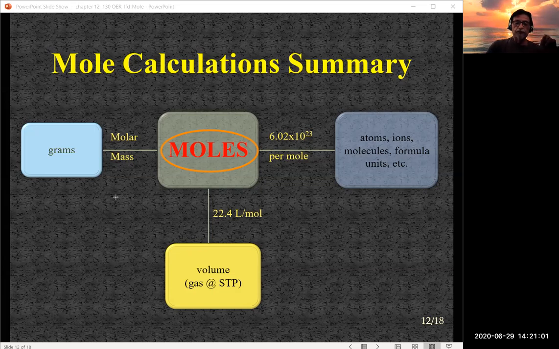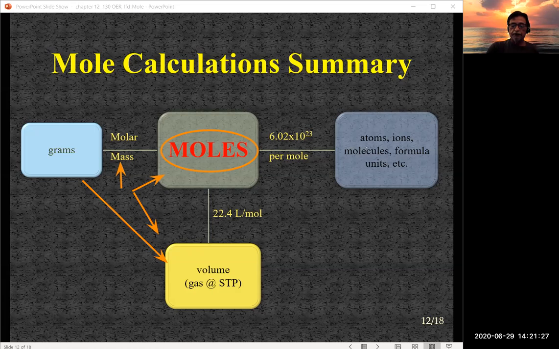So if I'm given grams and I need to get to volume, I need the molar mass to get me to the moles, which then, using the 22.4 liters per mole, gets me to the volume.